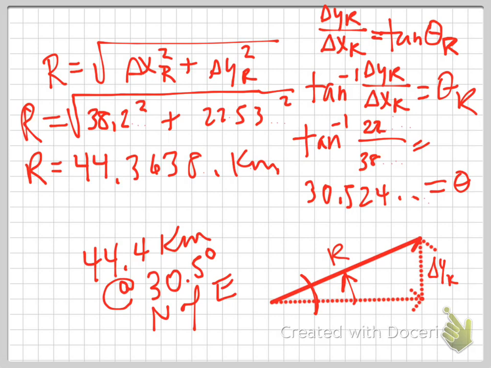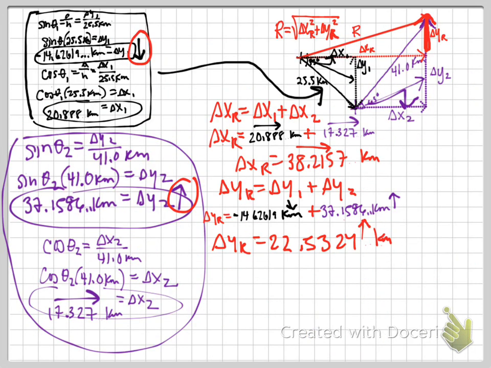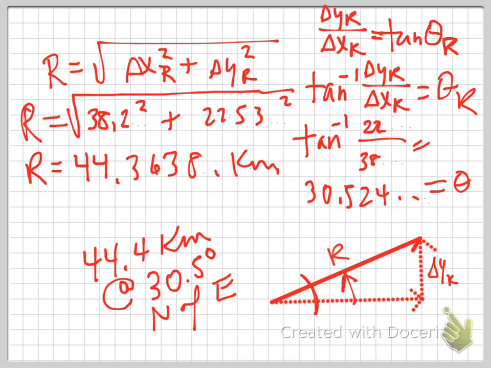Actually, I should be careful. Was that 65 and 35? Were our angles only 2? Yes. Oh, then we don't have 3 sig figs, because your angles do figure in. Whoops. So that would be 44 kilometers at 31 degrees north of east.